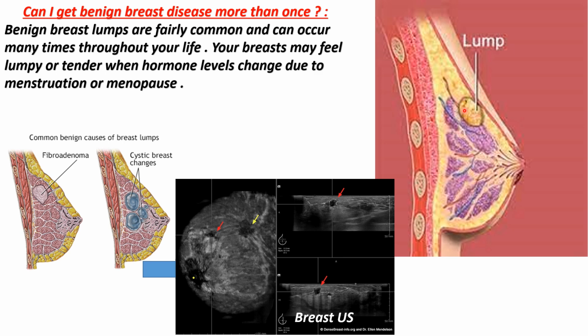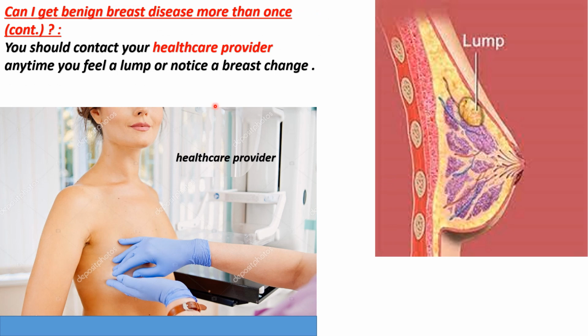Your breasts may feel lumpy or tender when hormone levels change due to menstruation or menopause. You should contact your healthcare provider anytime you feel a lump or notice a breast change.